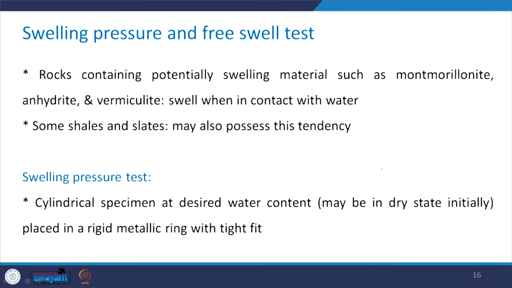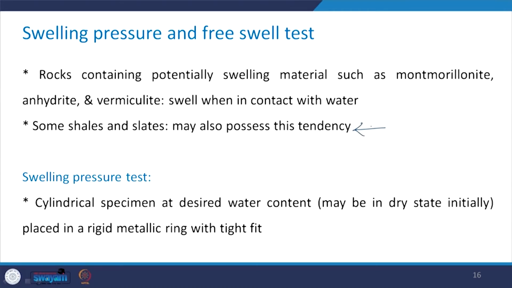Then coming to the next test, that is swelling pressure and free swell test. Rocks which contain potential swelling materials such as montmorillonite, anhydrite or vermiculite swell when they come in contact with water. Some shales and slate may also possess this tendency of swelling.